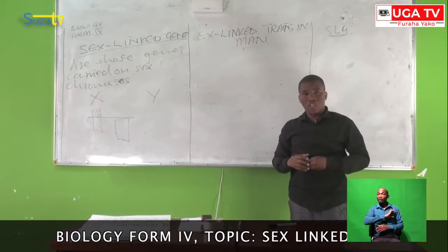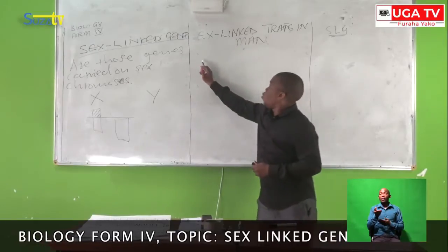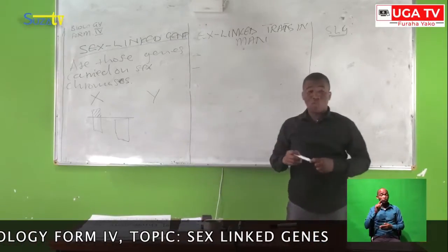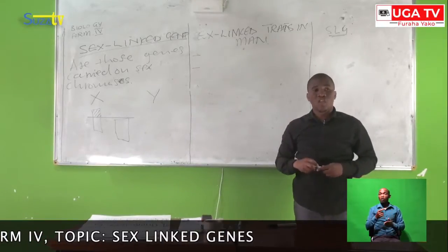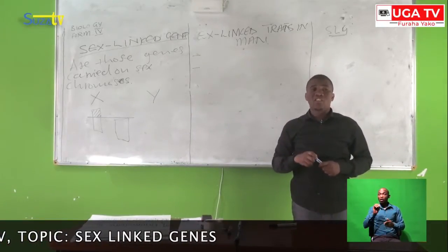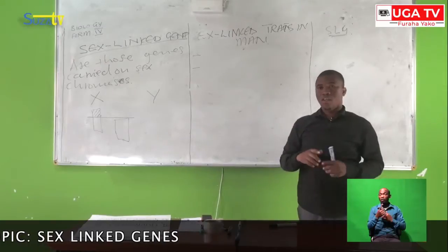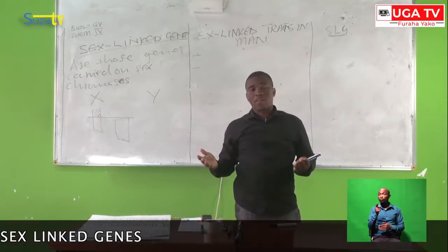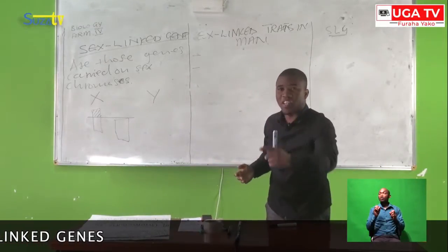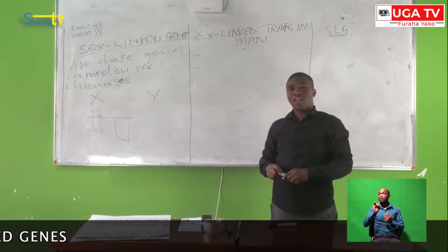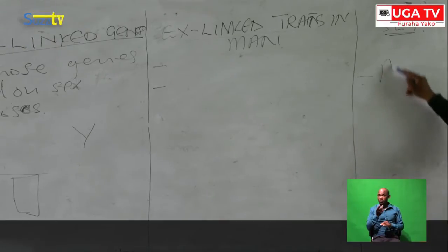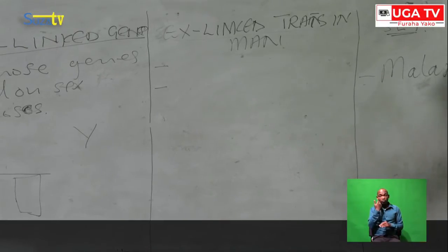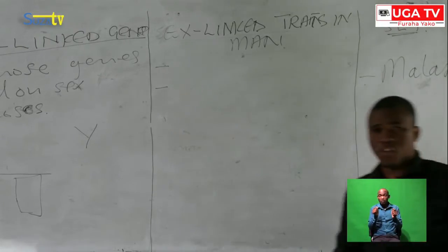Are we together, students? I want you to try to mention an example of traits or characteristics of sex-linked genes in man. Who can try? Sorry, Saira, can you try, please? Example. Good. You say malaria. Good. Clap one for Saira.